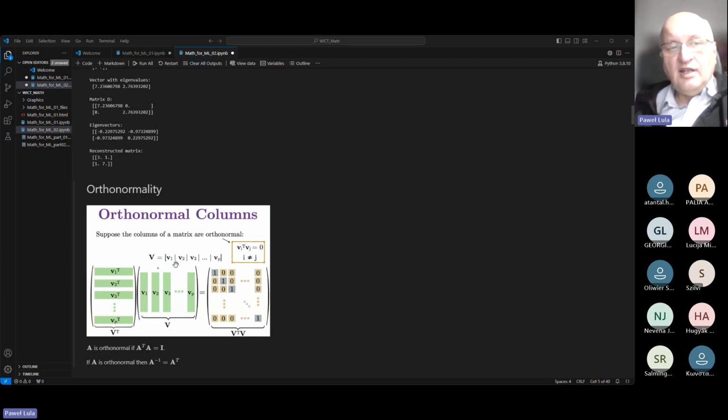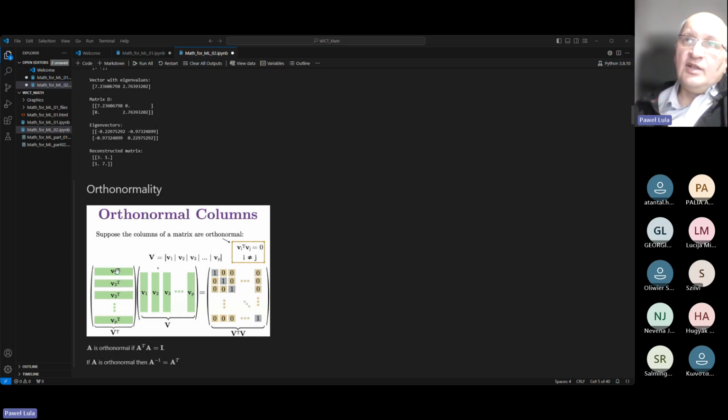And you remember, when we have two vectors perpendicular, then the scalar product is equal to 0. So if we have columns in our matrix and vectors which we have in every column are orthonormal, it means perpendicular, it means that the scalar products are always equal to 0.